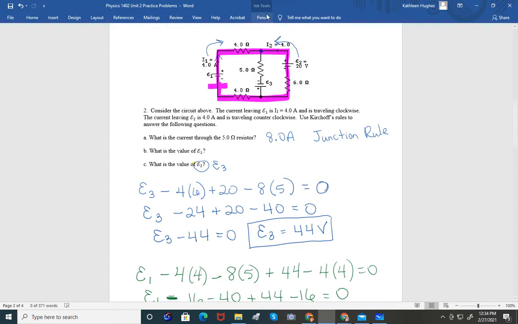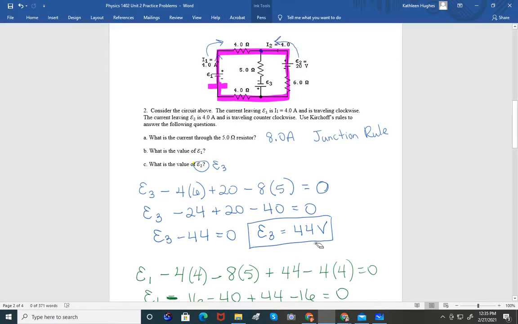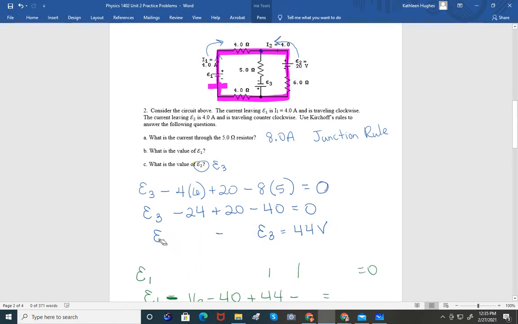Okay, that's a little different. I want some room to work, so I'm going to do a little erasing. Since this is on video, the erasing shouldn't bother you. Now let's do that big loop.